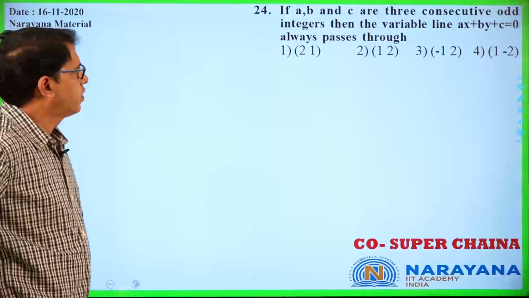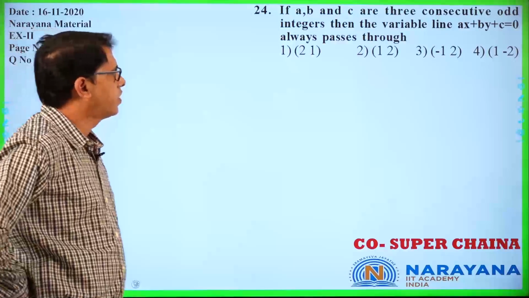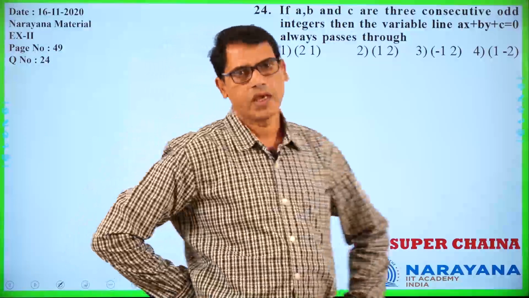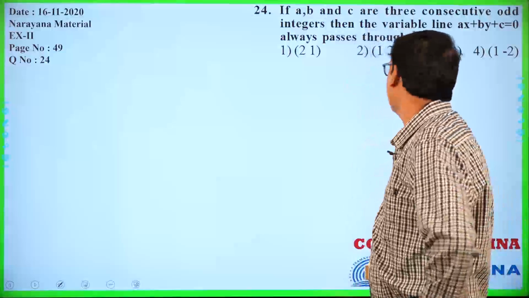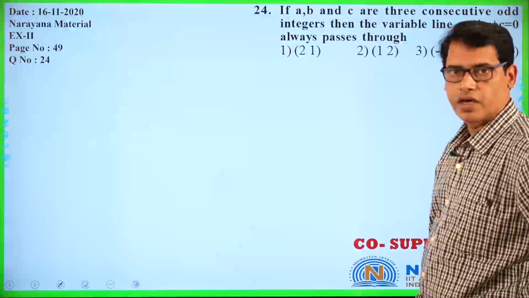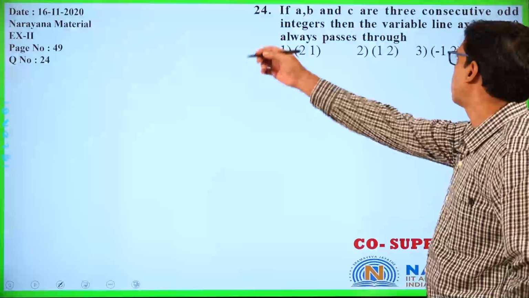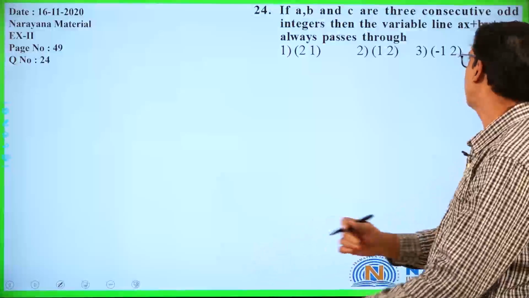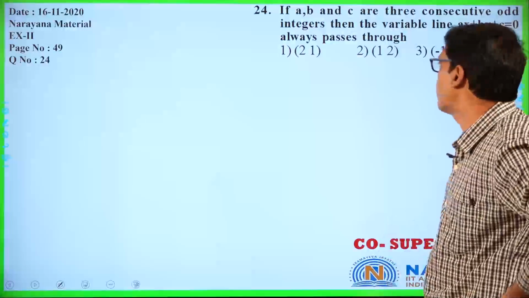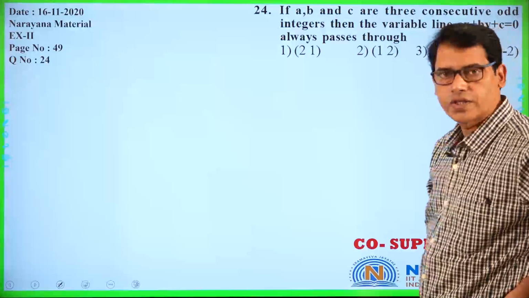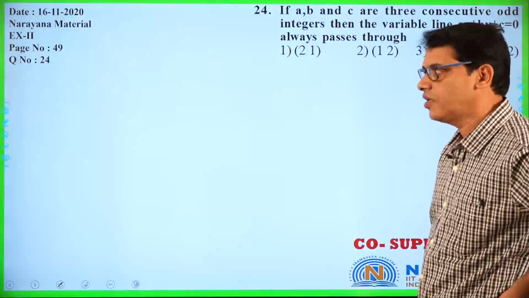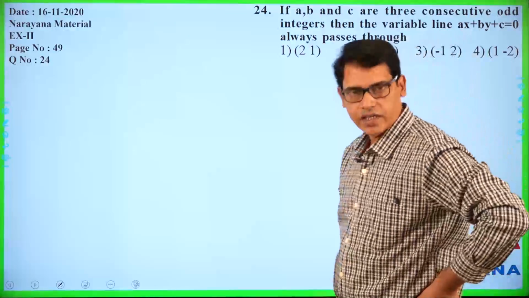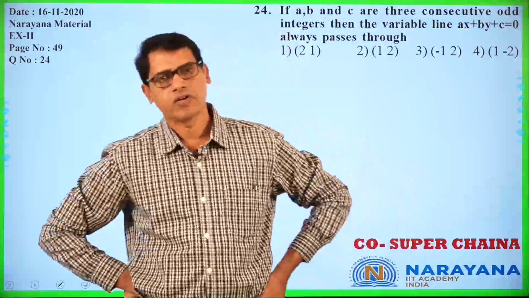See, if a, b, c are three consecutive odd integers, then the variable line ax plus by plus c equals to 0 always passes through. Always means again, so the condition is not directly given.